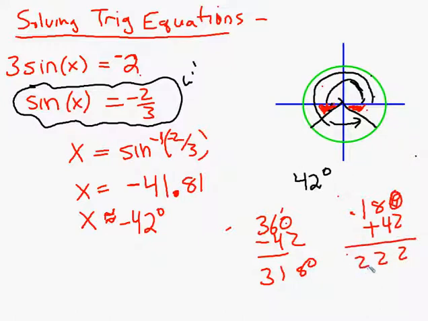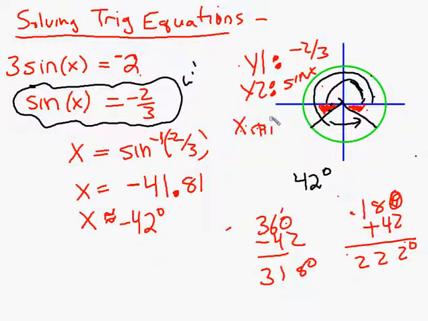A way that you can check that you're doing it right, I showed you last week on your calculator. In y1, you would put in the negative 2/3, and in y2, you would put in sine x. We'd make sure that we have the view window set. X min is 0, or maybe negative 30, something like that.